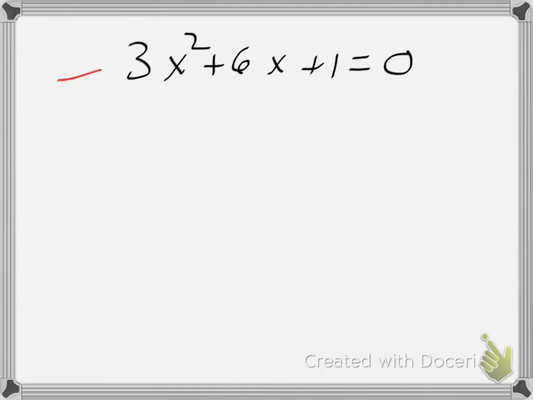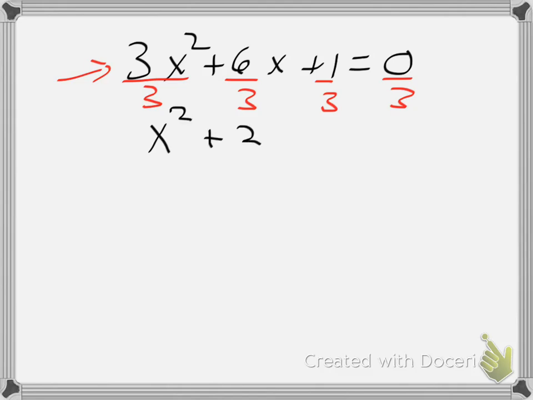My leading coefficient is currently 3, so to make it 1, the simplest thing to do is to divide everything by 3. And that'll give me x squared plus 2x plus 1/3 still equals 0.